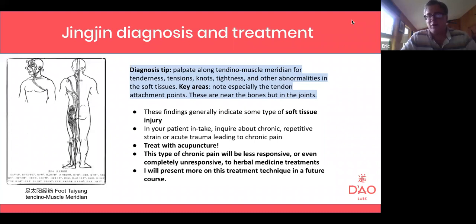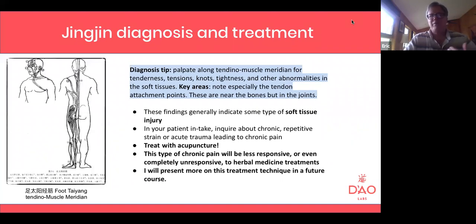It might be up the arm, again that principle of following the channel up near the elbow. So you palpate near the elbow, you find tenderness there, some down in the wrist as well, and then you find out this person has been playing piano for 20 years or 50 years, or has a typing job and for the last 2 years has been doing an incredible amount of typing.